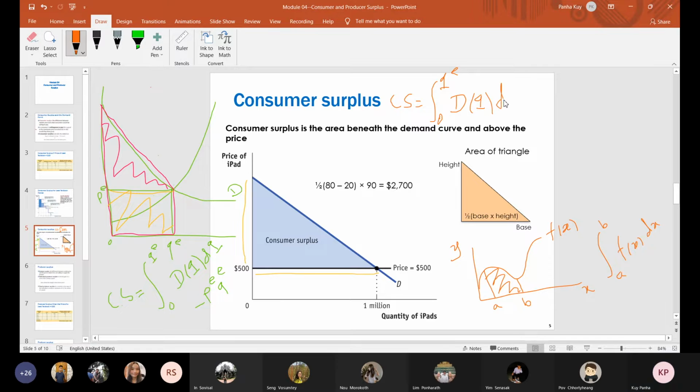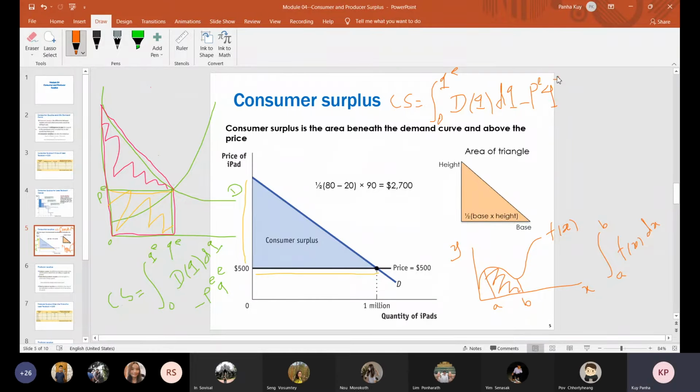dq here, we just do the integral of these equations with respect to the q variable, and then we minus the price equilibrium times the quantity equilibrium.